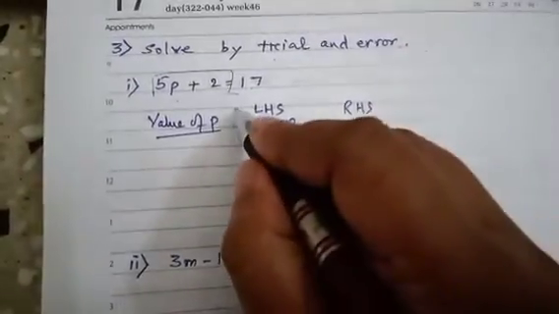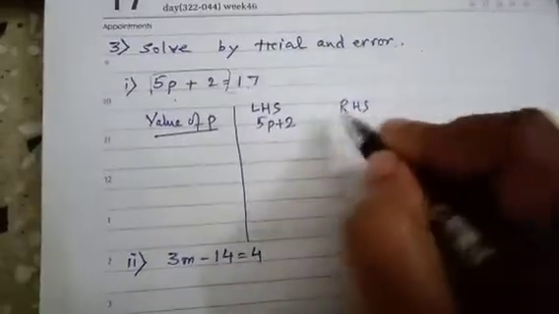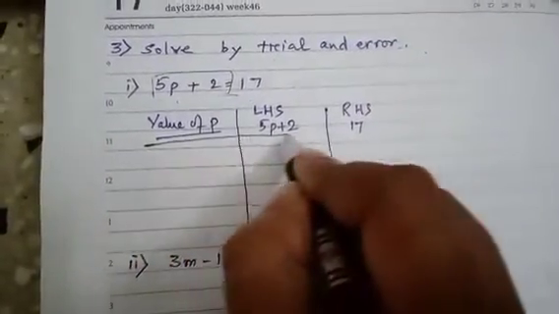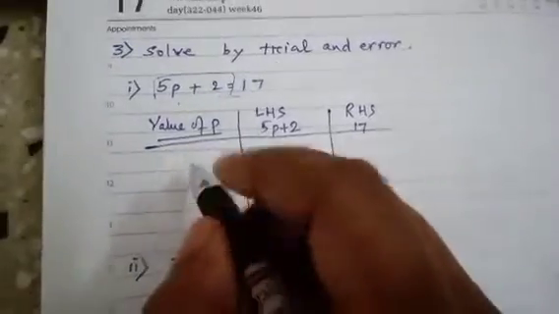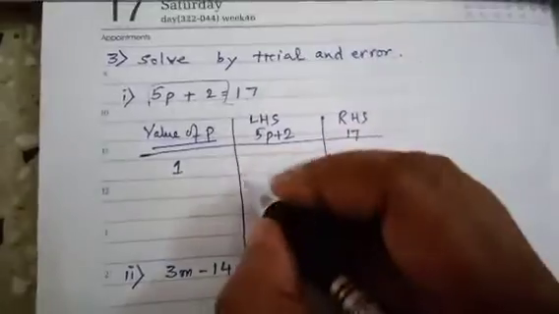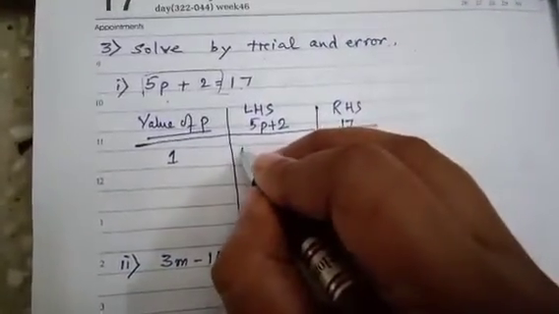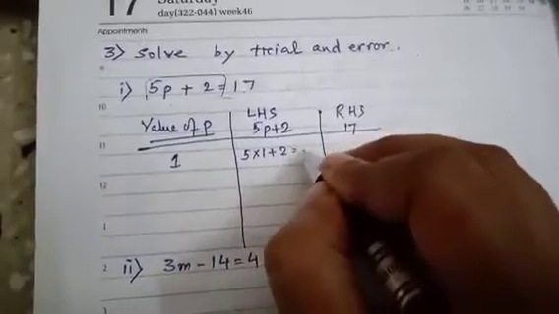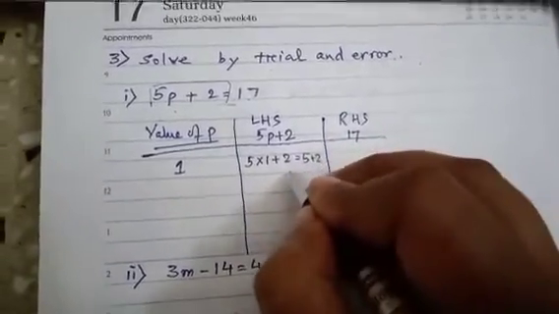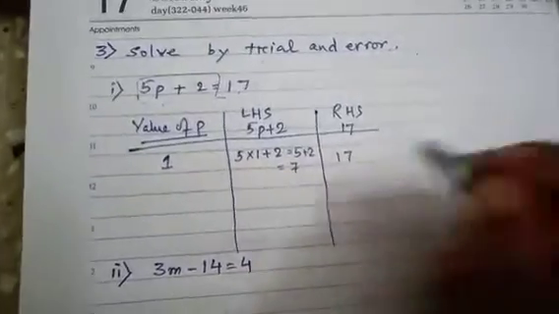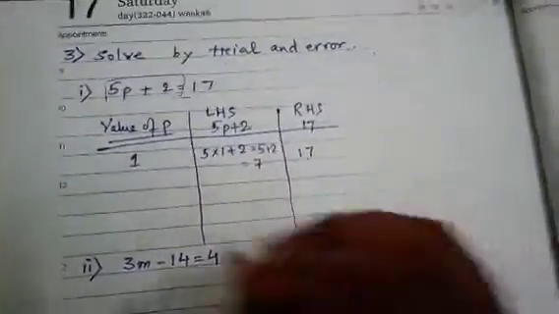Fine. So now I will solve this. I have drawn the lines to solve it. Now, I am placing the value of P as 1. So 5P plus 2 will become 5 into 1 plus 2. So 5 into 1 is 5, plus 2, which is equal to 7. And what is my right hand side? 17. See, both don't match.